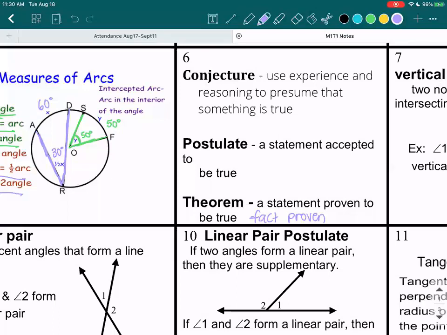And then a postulate is like we accept it to be true. We assume it's true, but we don't know for sure. And then conjecture is when you just use experience and reasoning, but we don't know if we can accept it yet. So conjecture is the least solid, and theorem is for sure. And postulate is in the middle, okay?